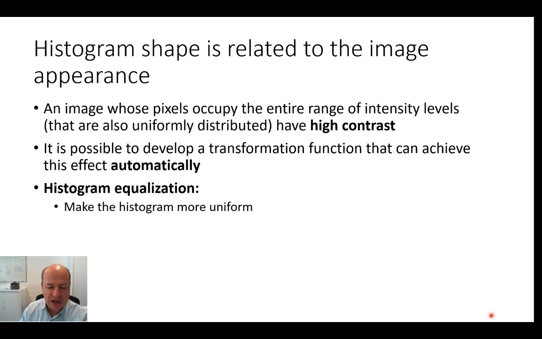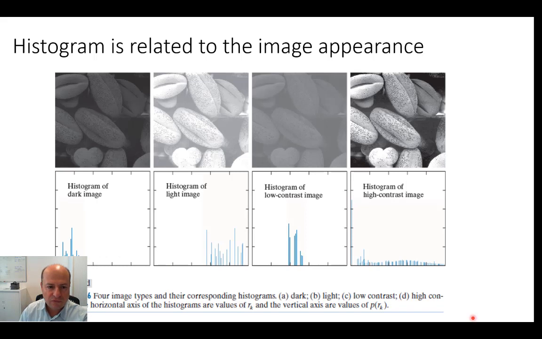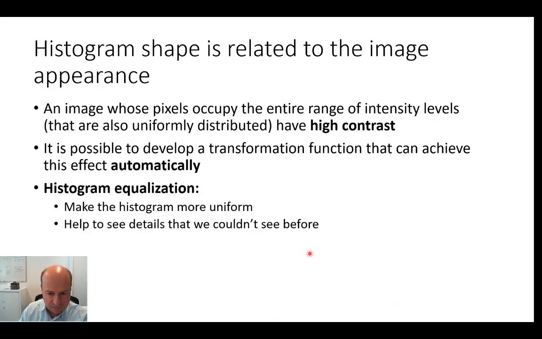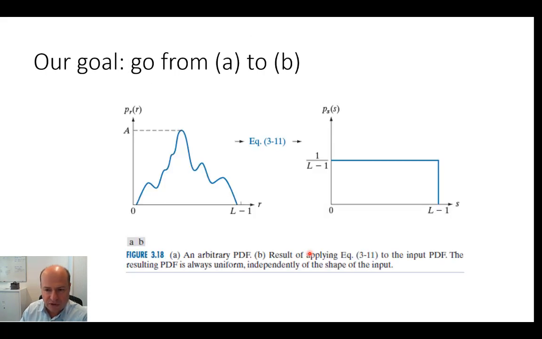So the idea is to take an image like that and find a transformation based on the distribution of values that is going to transform each pixel here to a pixel here with a better distribution of pixel values, to an equalized histogram. That's a histogram that's more equalized than this one. As I said, it helps to see the details that we couldn't see before.